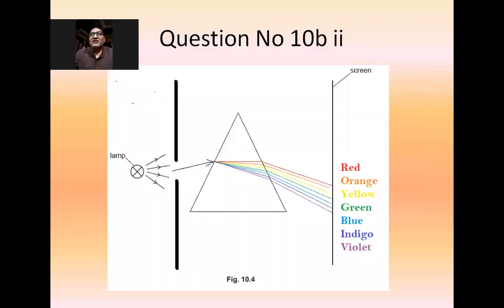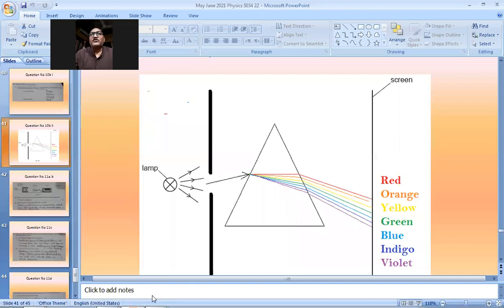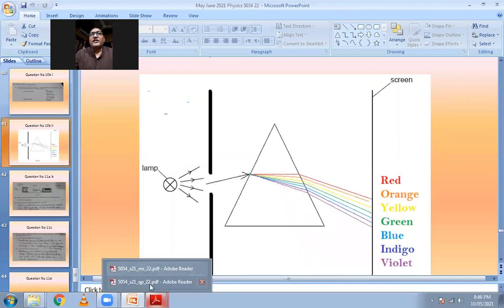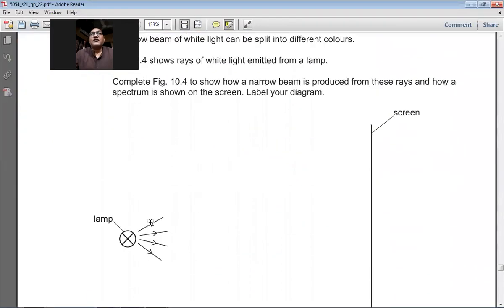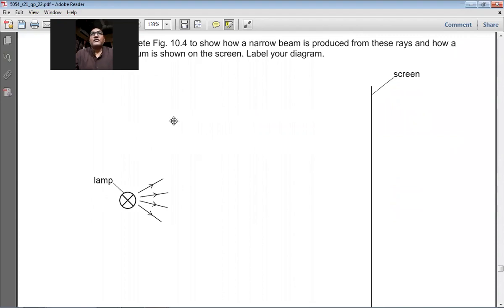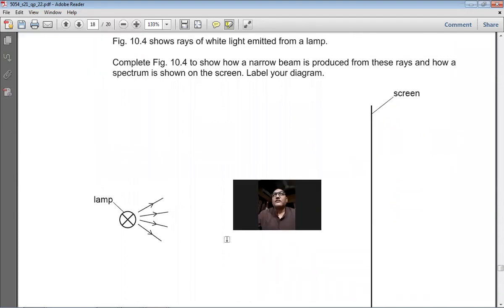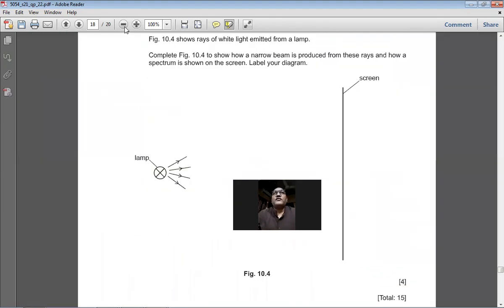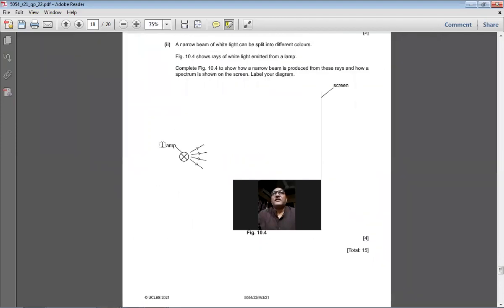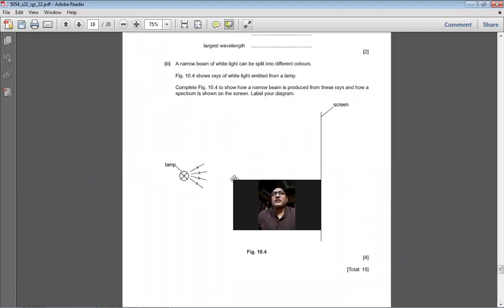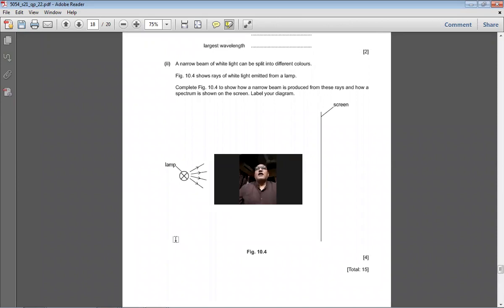Okay. Now, the next question is coming up on your screen. He says, okay, so here we go. He says figure 4 point, let me reduce the size so you can understand the whole thing. A narrow beam of white light can be split into different colors.